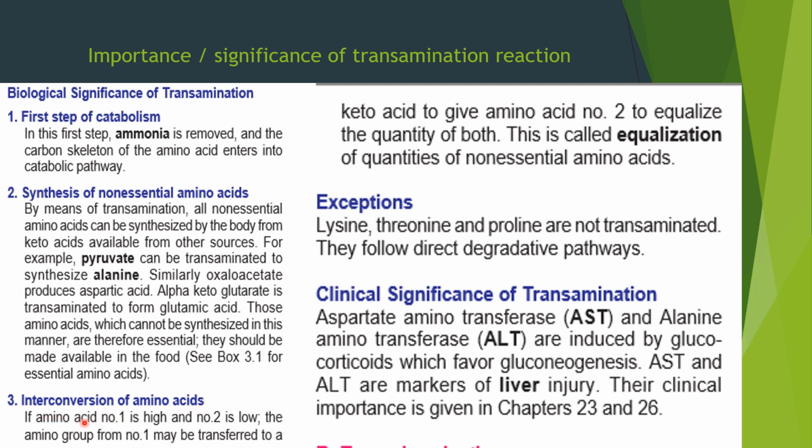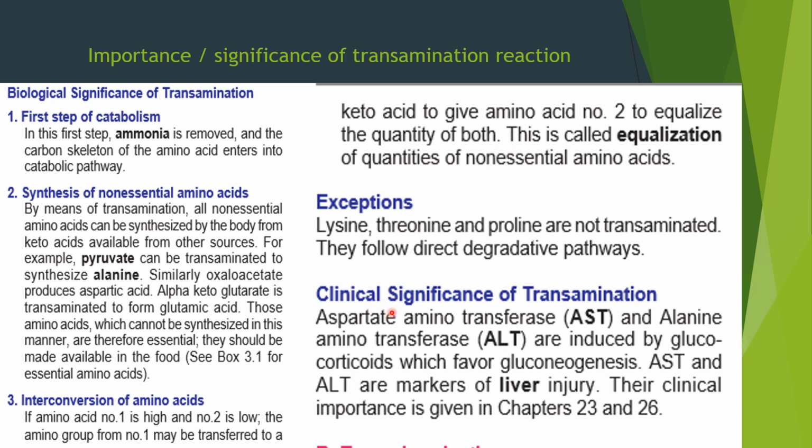If amino acid number 1 is high and number 2 is low, the amino group from amino acid number 1 is transferred to a keto acid to give amino acid number 2, so that both amino acids can be equalized.